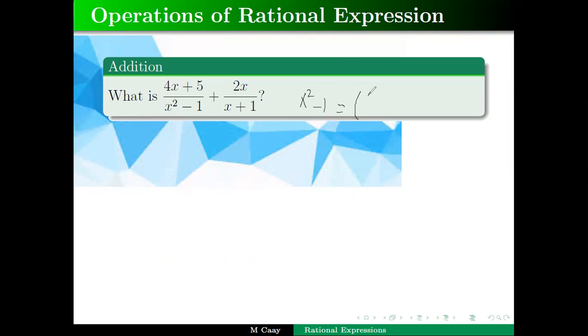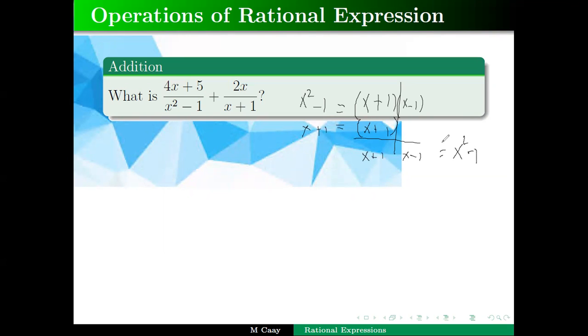I'll get x plus 1 and x minus 1. And again, I have x plus 1 here. Although we have solved this already, we want to repeat this so that it will be much more familiar to us. So I have x plus 1 here. So bring them down. I have x plus 1. I have x minus 1. Therefore, we already know that our LCD is x squared minus 1.